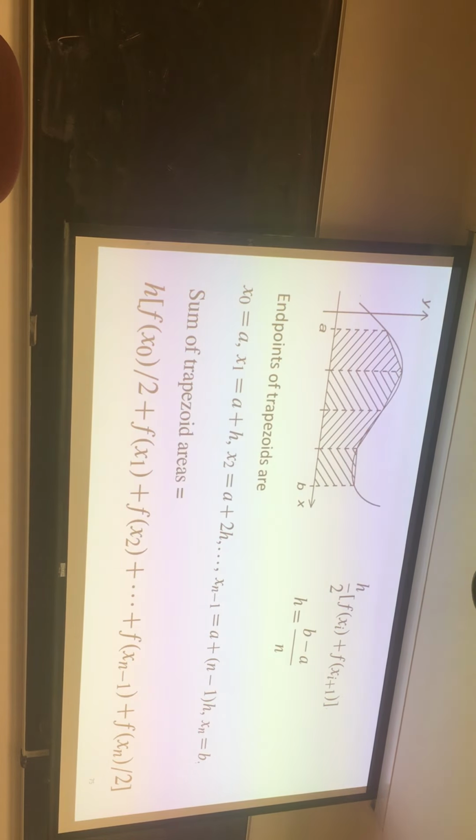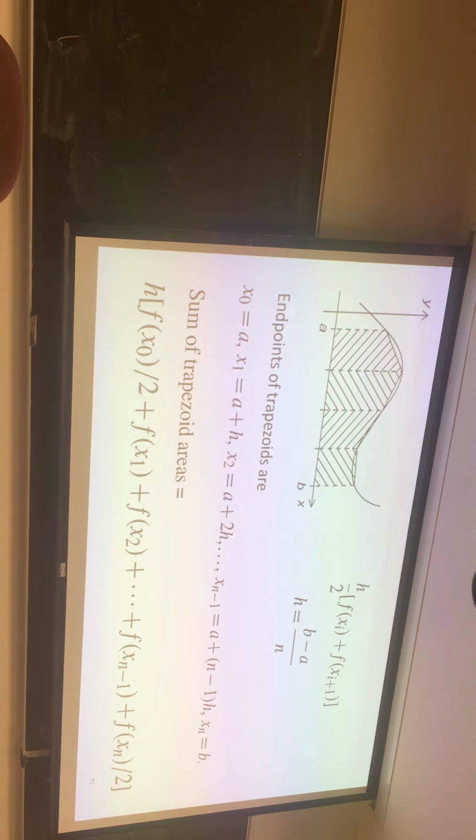So how do we calculate that exactly? This is the formula for calculating the area for one trapezoid here. Then let's say we want to integrate from endpoint A to endpoint B. Then this is the number of all the endpoints that you have. So x0 is A. Then h is basically the width of the interval divided by the number of trapezoids. The next point is x1, that's A plus h.